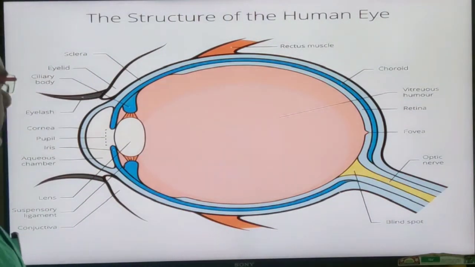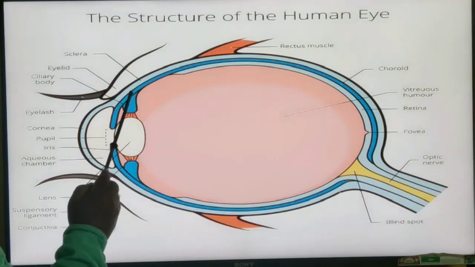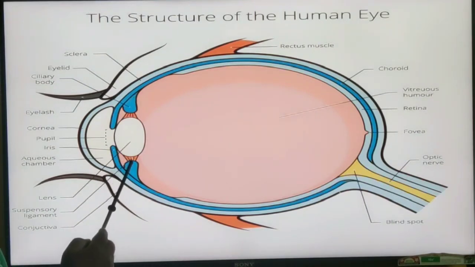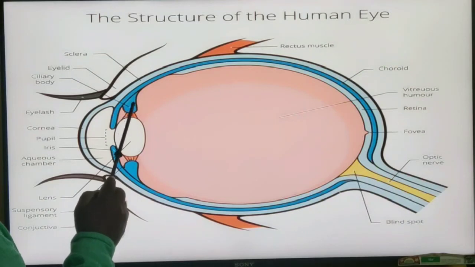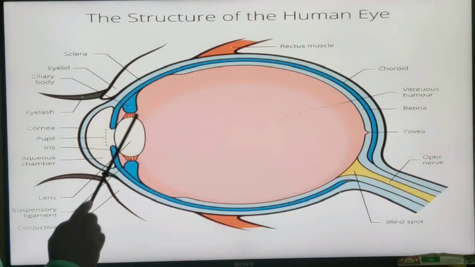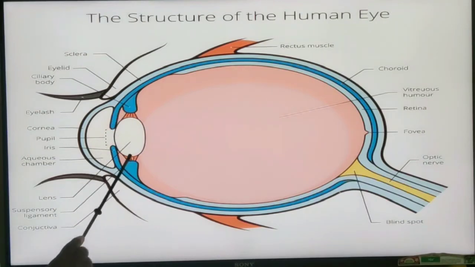Then another middle layer is called the ciliary body. It is a continuous, swollen, ring-like structure, and it plays an important role in arranging the focal length.